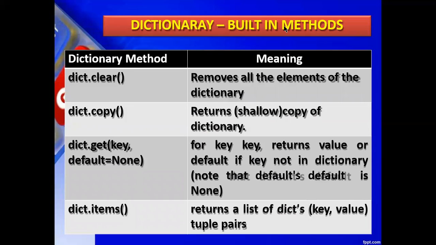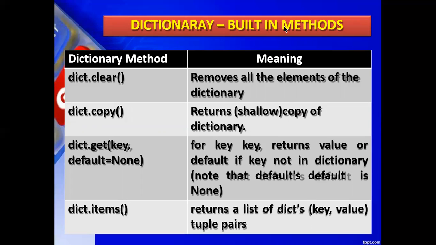It makes it empty. dict.copy returns a shallow copy of the dictionary, and dict.get(key, default=None) returns the value of the key. If nothing is given, it returns the default value, which is None here.